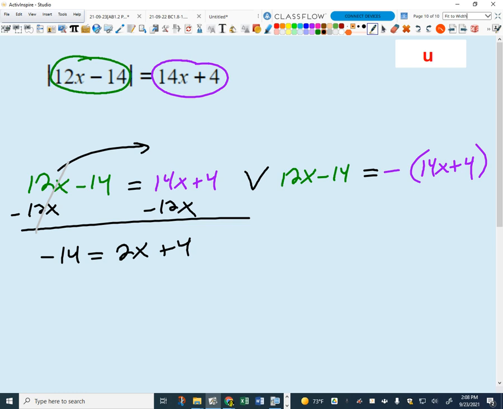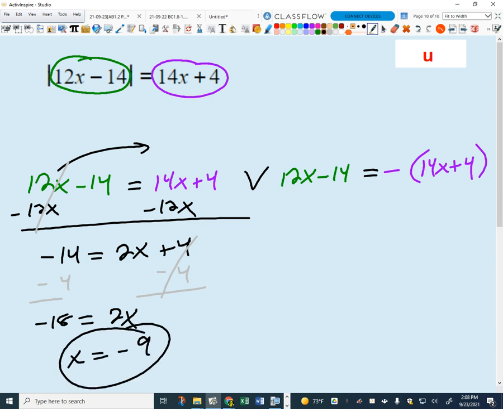It's fine. Subtract 4 and then divide by 2. Okay, good. So if we subtract 4, negative 18 equals 2x. So one solution is x equals negative 9, right? Now we've got to work on the other one.